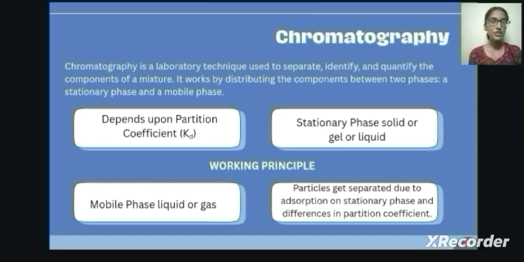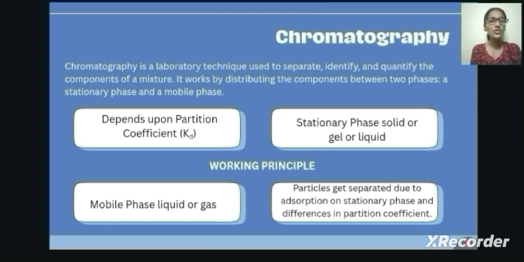Well, there are many ways in which we can study about proteins, but one of the ways is by studying through separation. Now, separation can occur by many techniques. In that also, we'll be talking about two techniques. One is chromatography and other is SDS-PAGE. Chromatography is a simple technique which is used to separate, identify and quantify components of a mixture. Working principle is also pretty much simple. It includes partition coefficient. What is it?